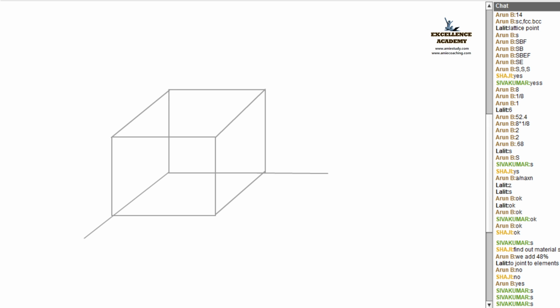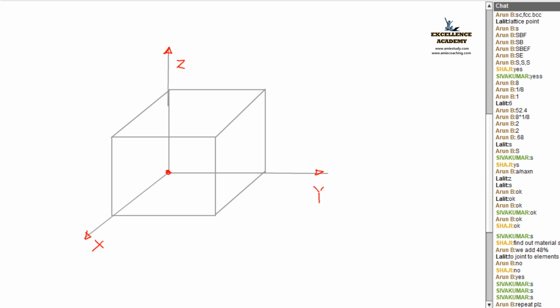Some textbooks follow some other axes. For you to follow my class, I request all of you to choose these axes like this: x-axis towards this direction, y-axis towards this direction, z-axis towards this direction. You can choose any, but to follow this class easily, you must follow x along this one, y along this side, and z along this side. And here, this is my origin.